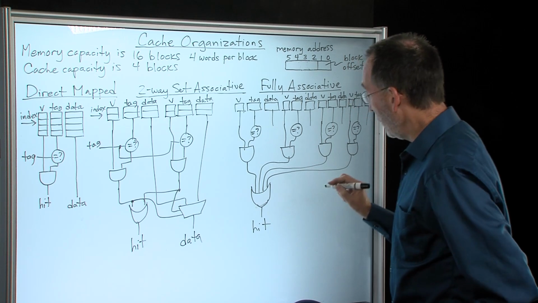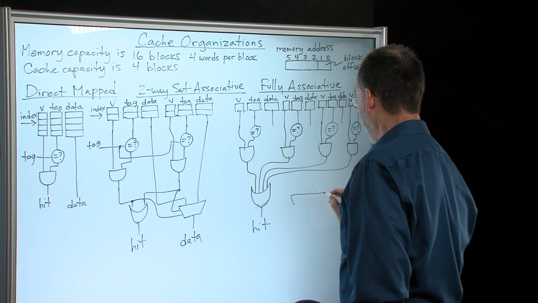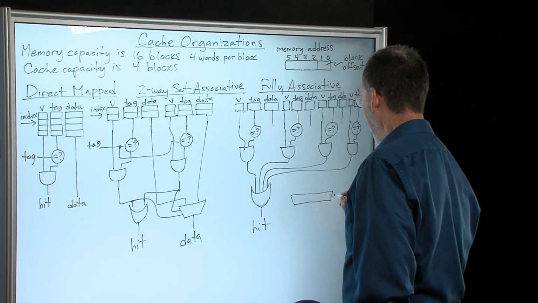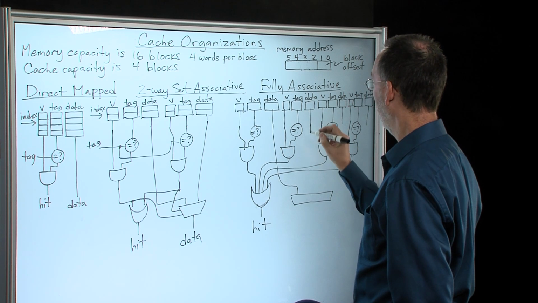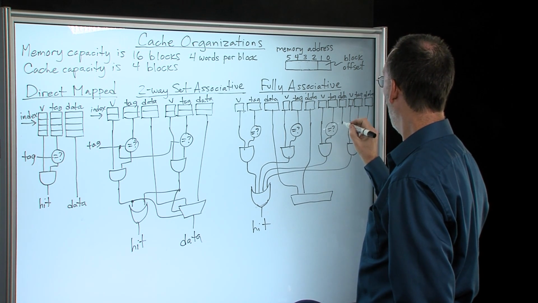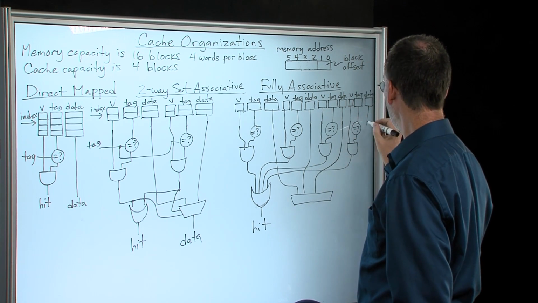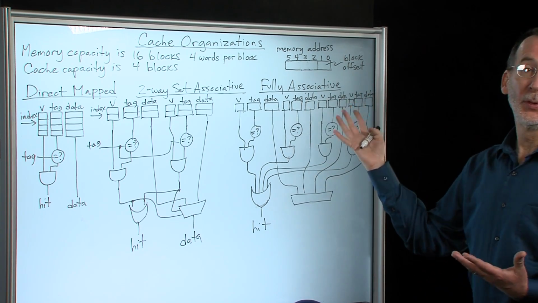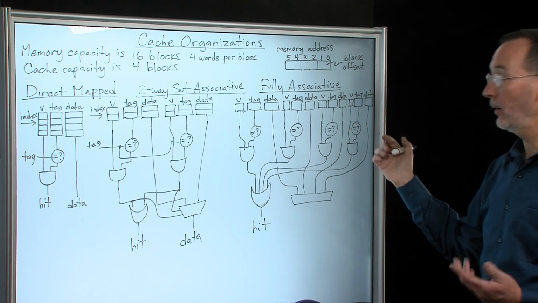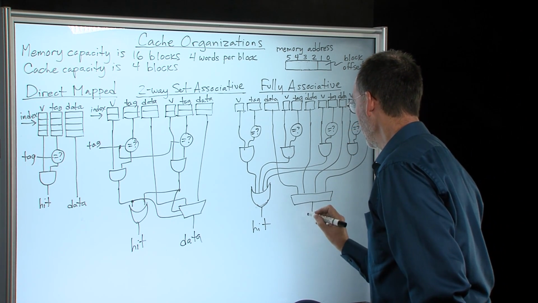Now we also need a multiplexer for our data, but now it has to be 4-way, because we have 4 ways in this case. It's fully associative, so we have 4 locations where our data could reside. So this is our data out.